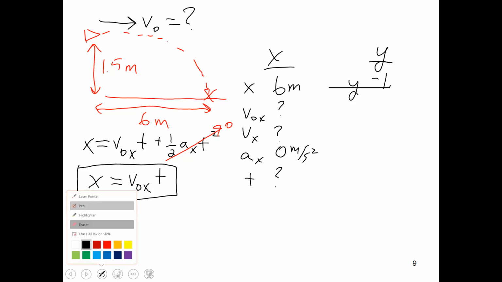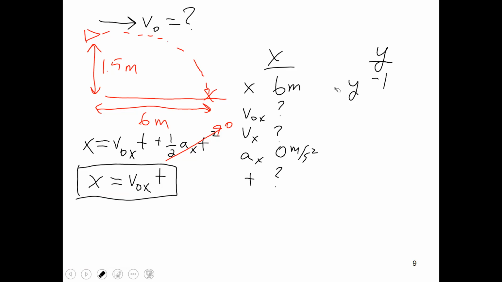It's dropping down lower. It's losing height. Its final position is lower than its initial position. So it's going to be a negative 1.5 meters. Let's see, initial velocity in the Y direction, final velocity in the Y direction, acceleration in the Y direction. Well, we know acceleration in the Y direction is negative 9.8 meters per second squared. And then time, we definitely don't know time. All right.